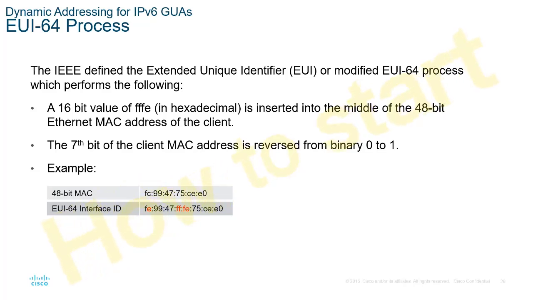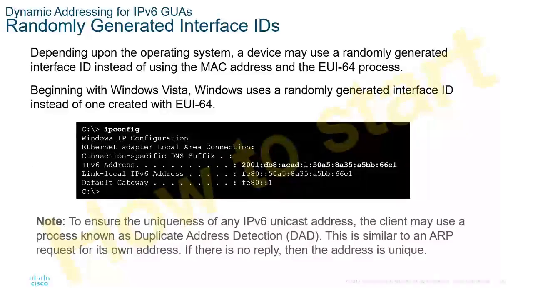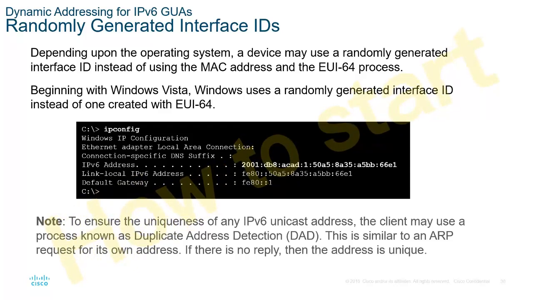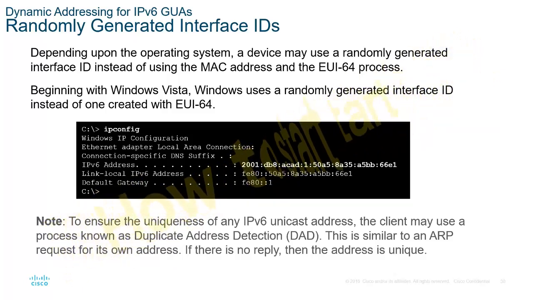Basically, the 7th bit of the MAC address is flipped from binary 0 to 1. A randomly generated interface ID will depend on the operating system, and instead of using the MAC and the EUI-64 process, it will just essentially create a random one.